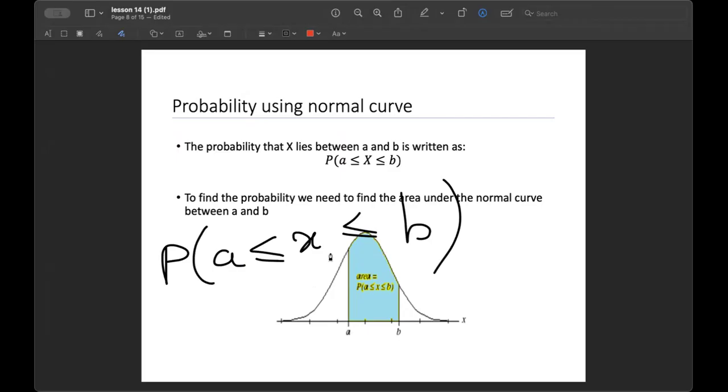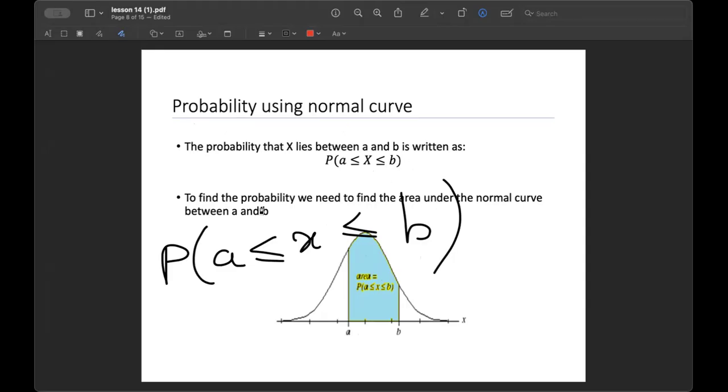If we color the correct range, that would be the probability using the normal curve.